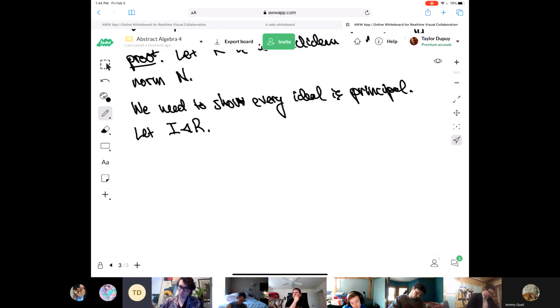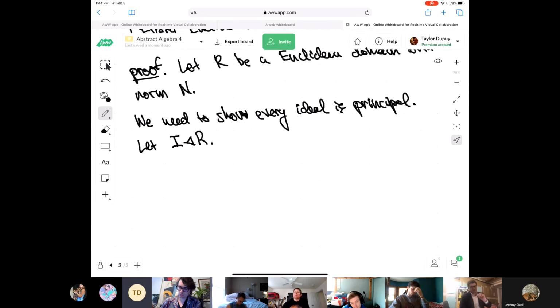Now here's the trick: the generator is any element of smallest norm. So the generator of an ideal in a Euclidean domain is an element of smallest norm. Okay, so let A be an element of R.